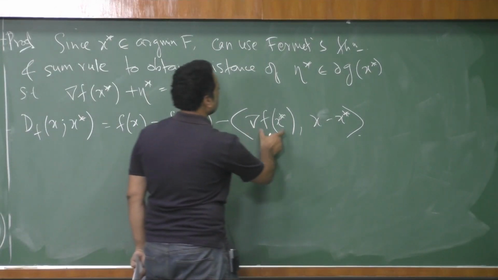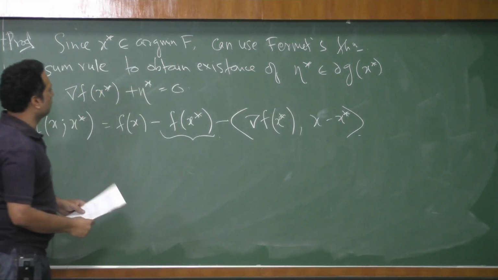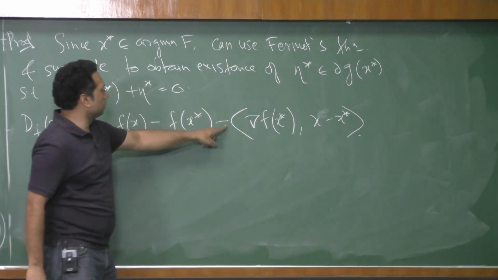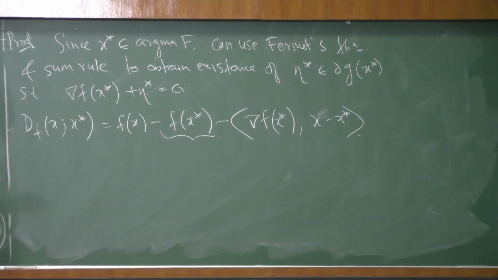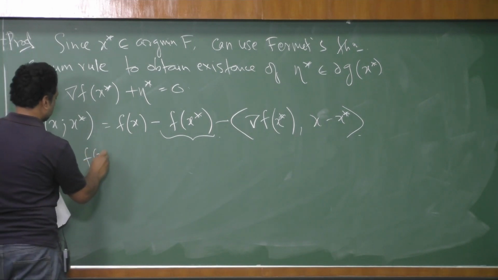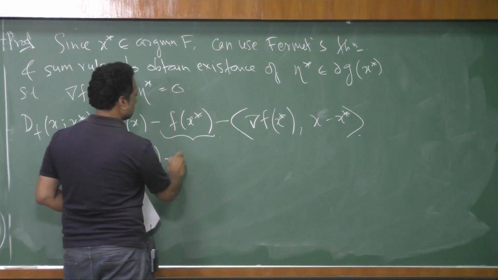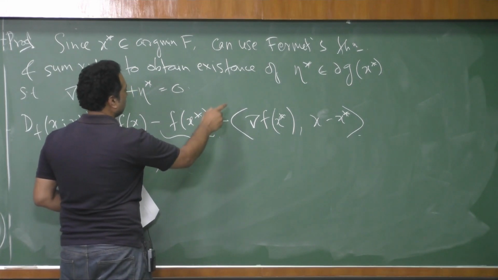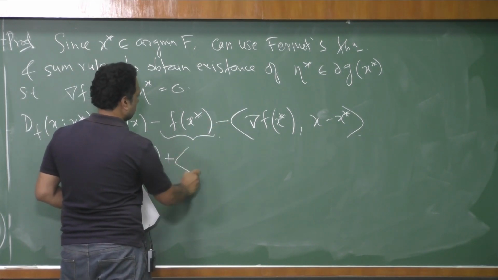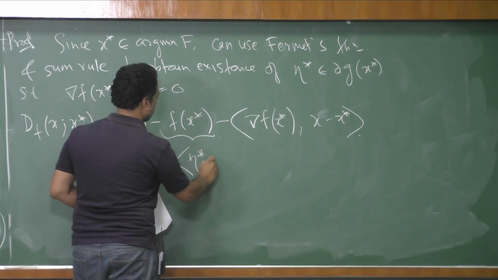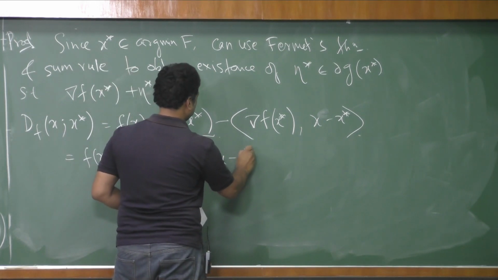So eta star we will bring here, and since eta star is negative, this becomes positive. And then eta star is a subgradient of G. Let us do the first step, which means that f(x) minus f(x star) and minus, which becomes plus, eta star times (x minus x star).